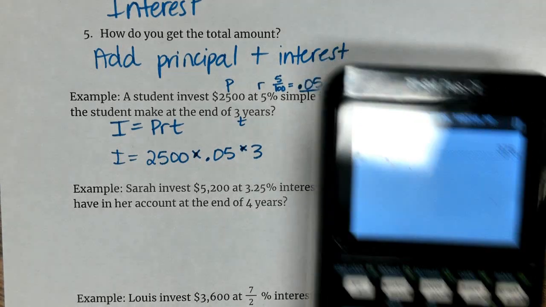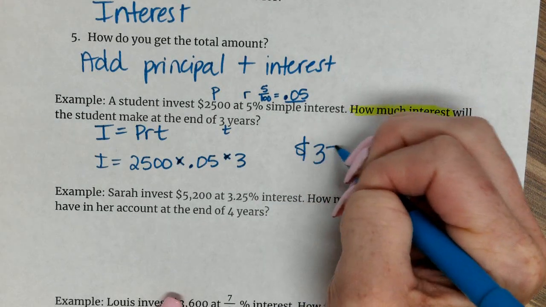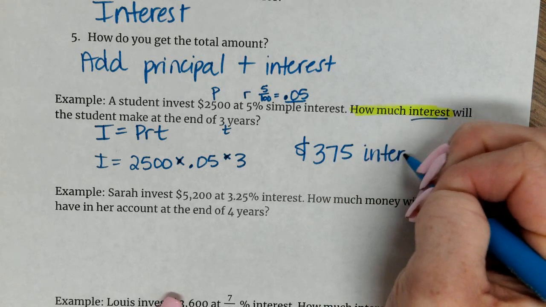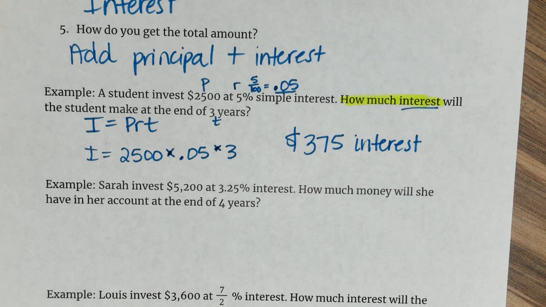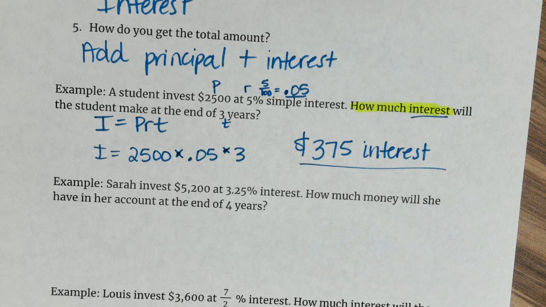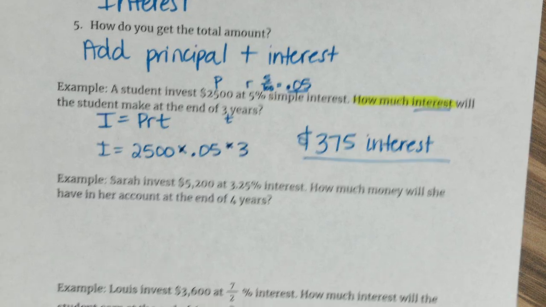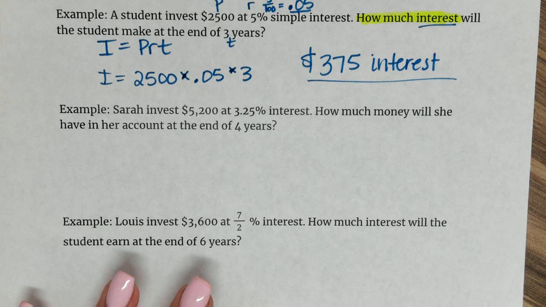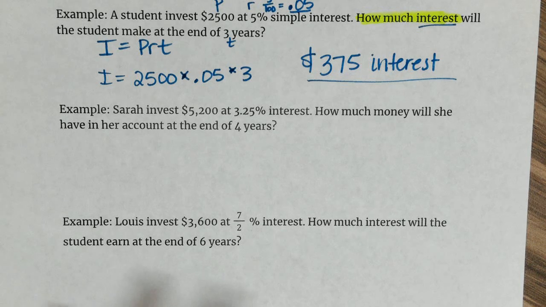And my answer is $375 in interest. Since it asked for interest, I am now finished. That's my answer. Does everybody understand? Yes or no? Now I want you to read the next question on your own and highlight what it's asking for.